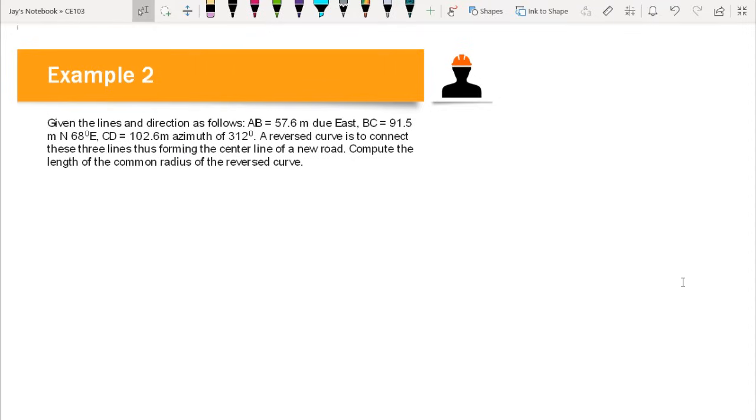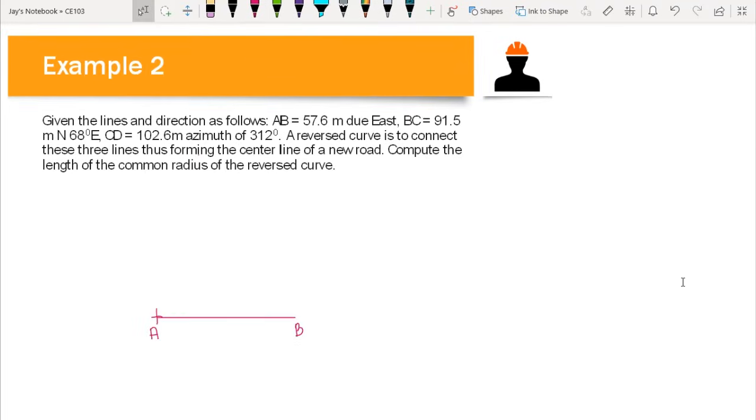Now, we have A to B, which is equal to 57.6, and that is due east. And that is our line AB, which is 57.6 meters due east. Now, BC is 91.5 meters, that is north 68 degrees east.